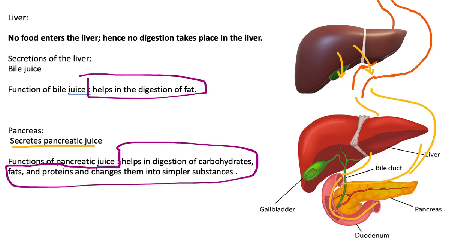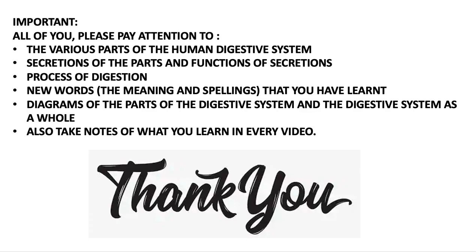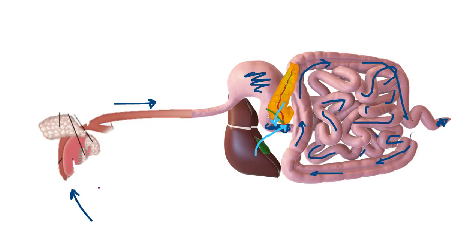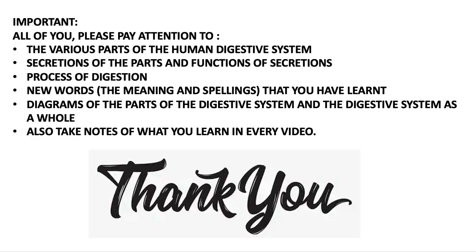All these things are very, very important. You should know these equations because those are the functions of the secretions. Then you should know the process of digestion, which is what I explained over here, how the food goes inside the mouth and what happens where and all of that.